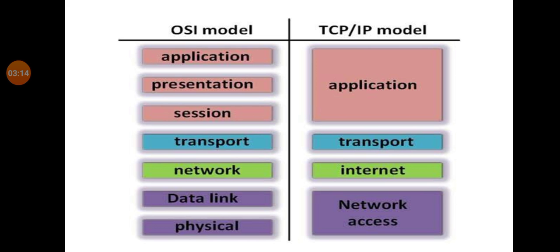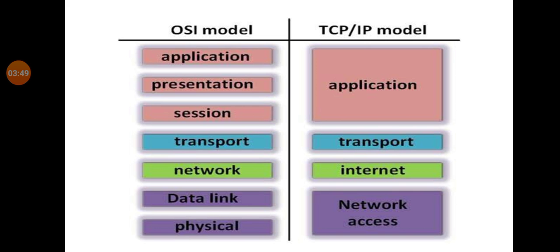One more work it does is provide an end-to-end protocol for transportation, and it uses protocols such as TCP and UDP. TCP means Transmission Control Protocol and UDP means User Datagram Protocol. TCP is a reliable connection-oriented protocol and UDP is a connectionless, unreliable protocol.